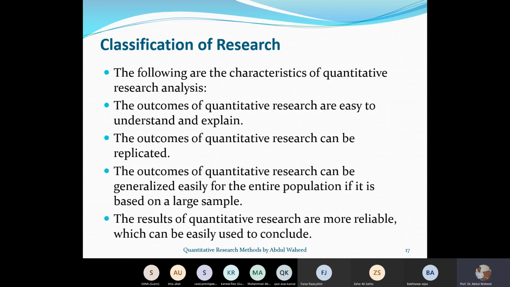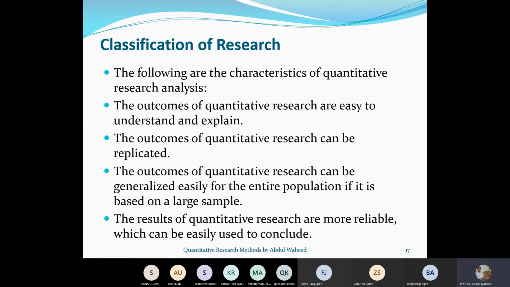So, if I did a quantitative research and mentioned the sources of data, someone else can get the data from the same source and then replicate the result. So replication is easy in quantitative research. And then outcomes can be generalized for the entire population. So if we have done our quantitative research on the basis of some sample, then it can be generalized for the entire population.